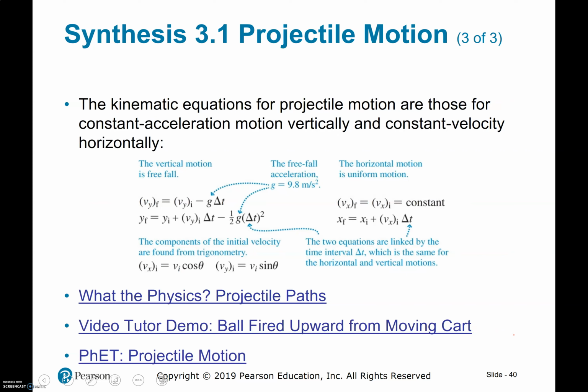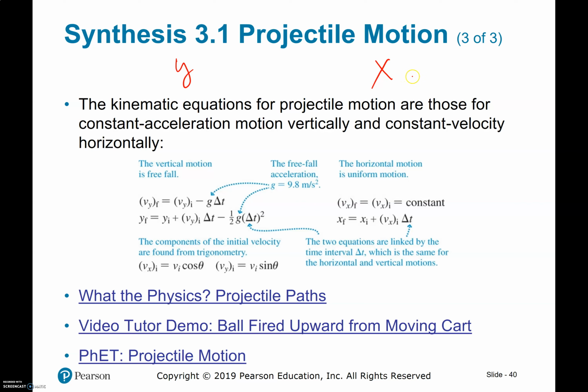So these are the equations here for the study of projectile motion. Now this is a two-dimensional motion, so we need equations for the y coordinate, and we need equations for the x coordinate.